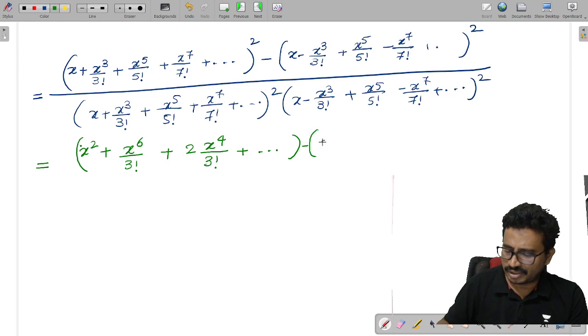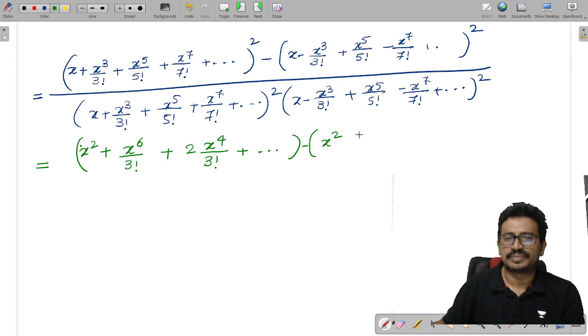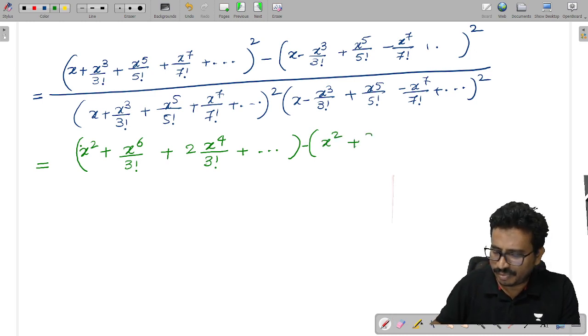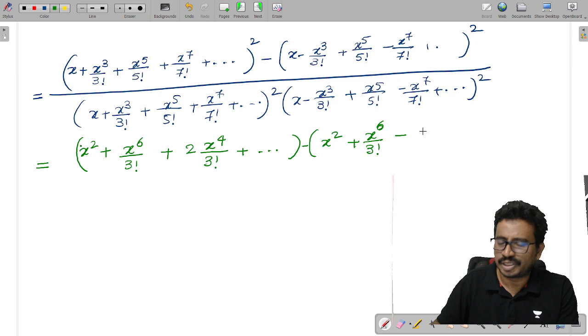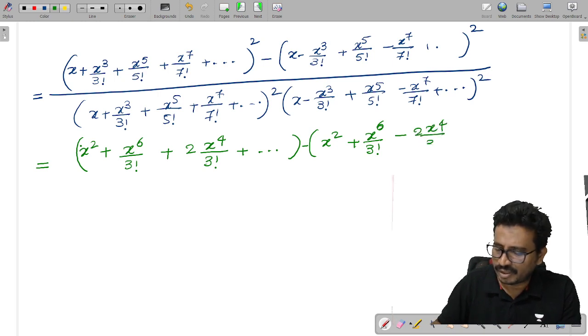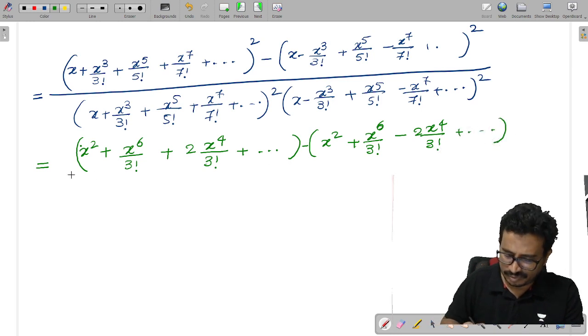Here also we'll get a square, next plus b square x power 6 by 3 factorial, minus 2ab, minus 2x power 4 by 3 factorial, and so on.